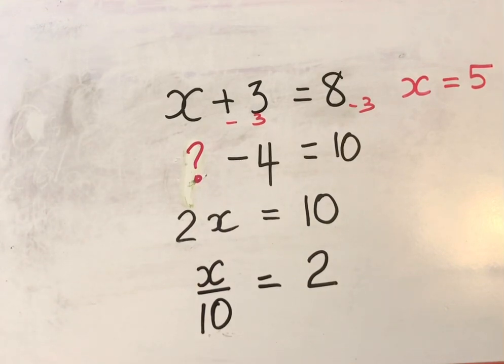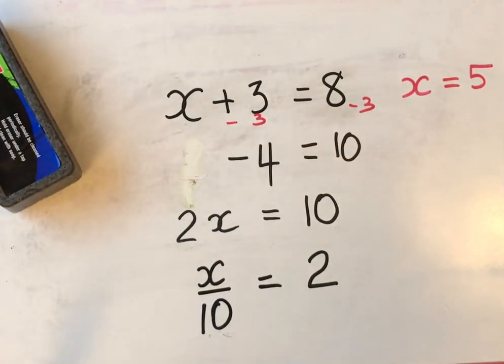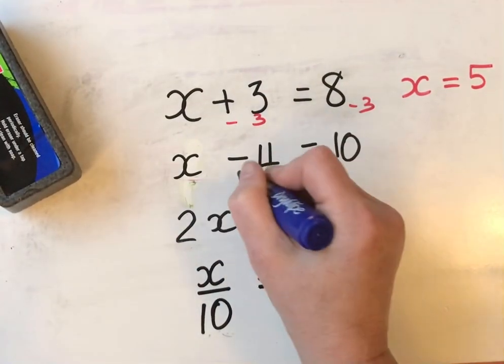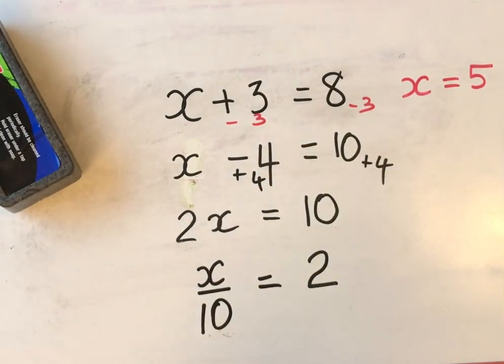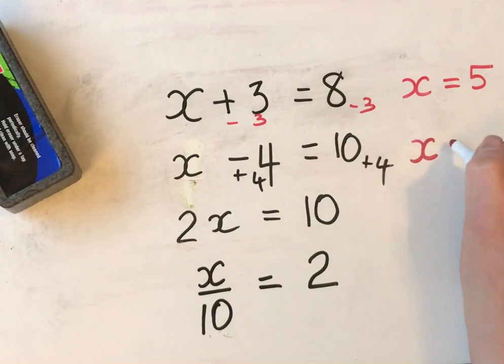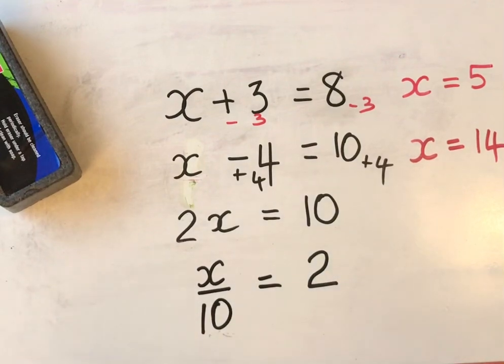Well, the opposite of take away 4 is add 4. So the inverse of take away 4 is add 4. So I'm going to add 4 to both sides. And that leaves me x equals 10 plus 4 is 14. And 14 take away 4 is 10.